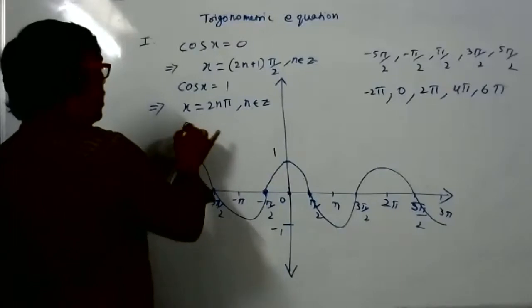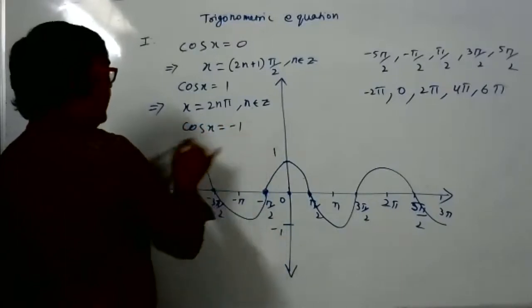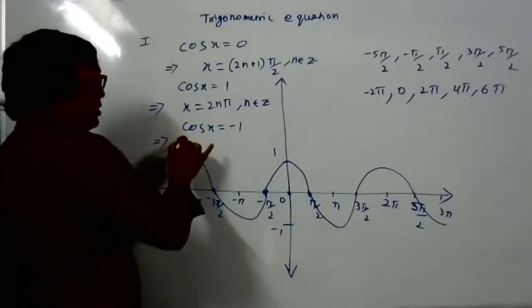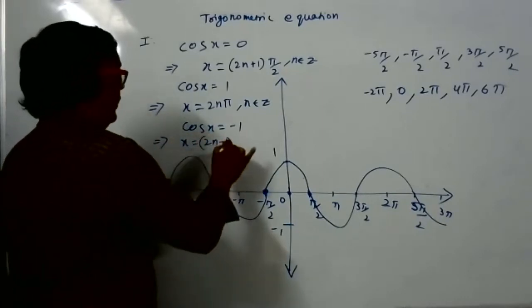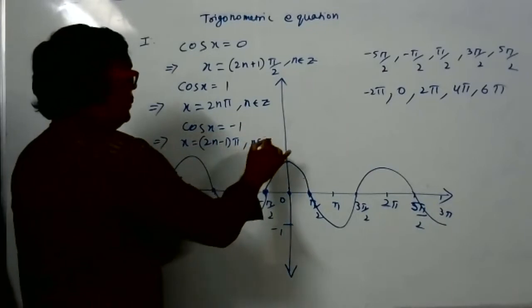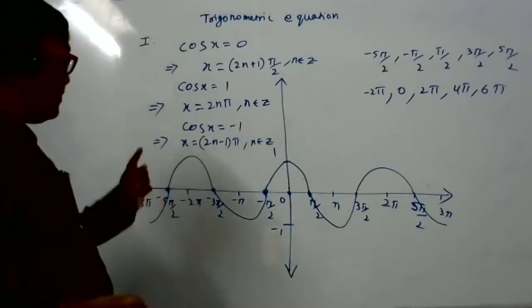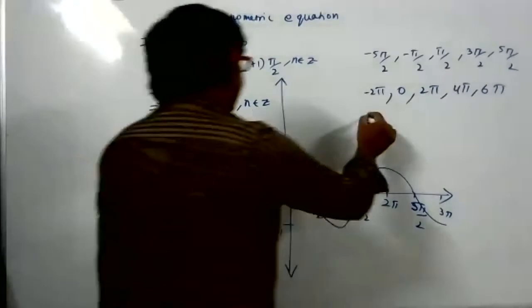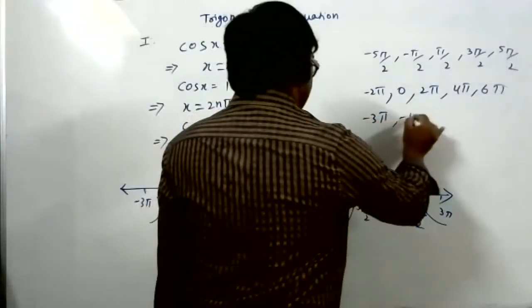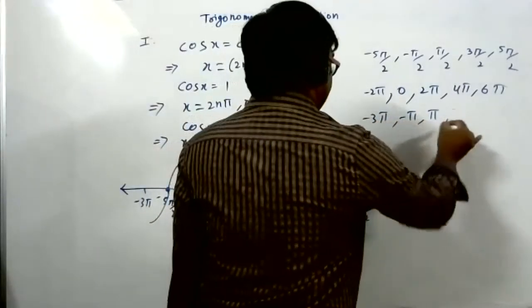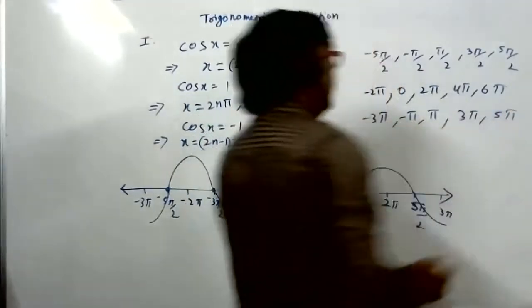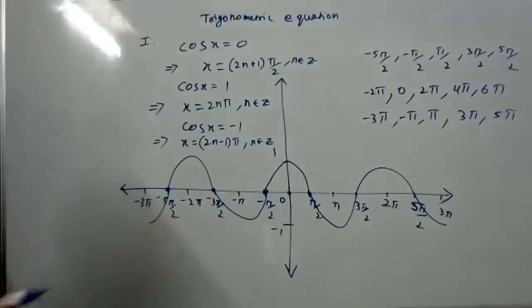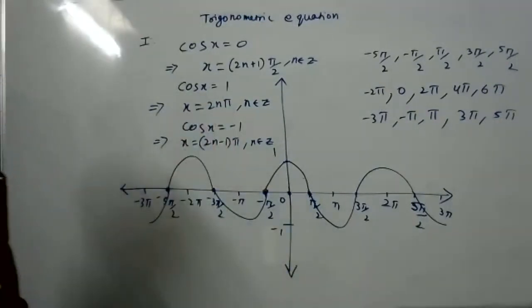Same way if I say cos x is minus 1, what is the answer? It is again an odd multiple of pi. (2n minus 1) pi, n belongs to integers, because it is minus 1 at minus 3 pi, minus pi, pi, 3 pi, 5 pi. So how to write pi, 3 pi, 5 pi? It is like (2n minus 1) pi. This is correct.